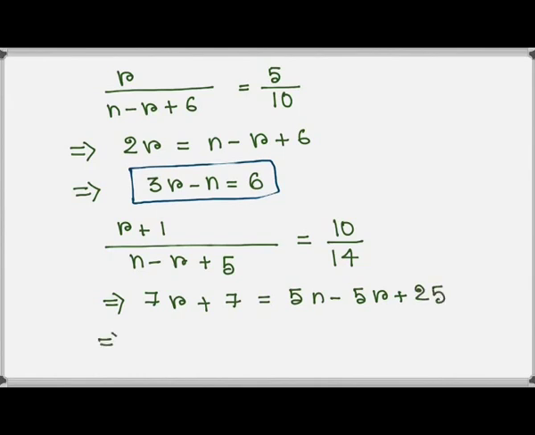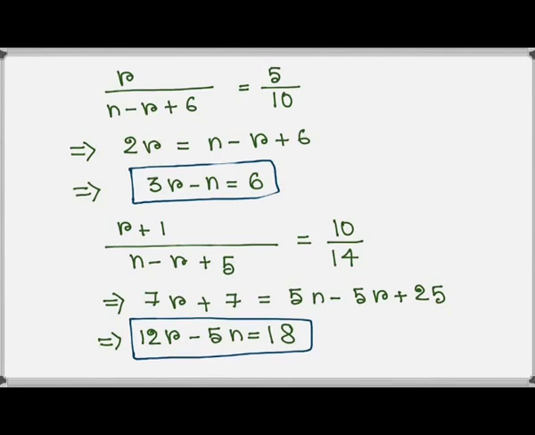So we get 12r minus 5n is equal to 18. So we have another equation in r and n. Now from these two we can find out the value of n.